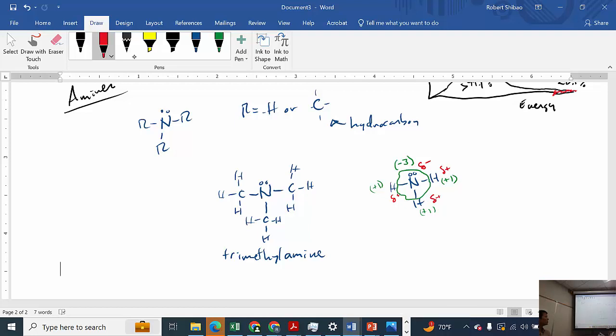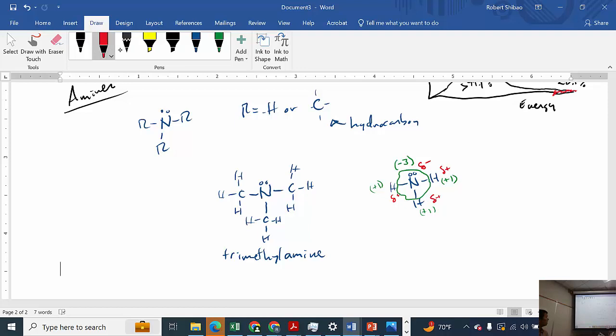However, this carbon-nitrogen bond would be polar, but carbon is just slightly more electronegative. It's a 2.5 versus hydrogen's 2.1. So what that means is that carbon is going to put up more of a struggle, and therefore nitrogen's not going to get it.